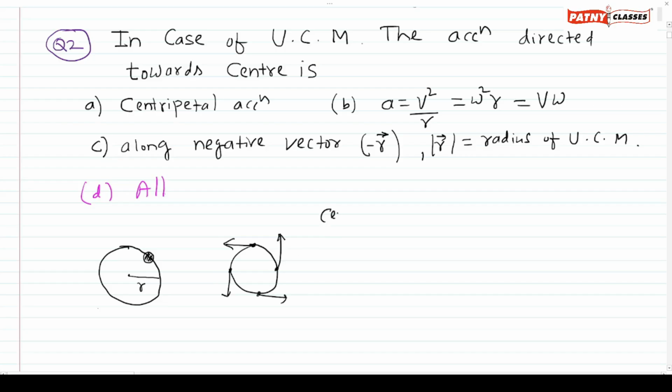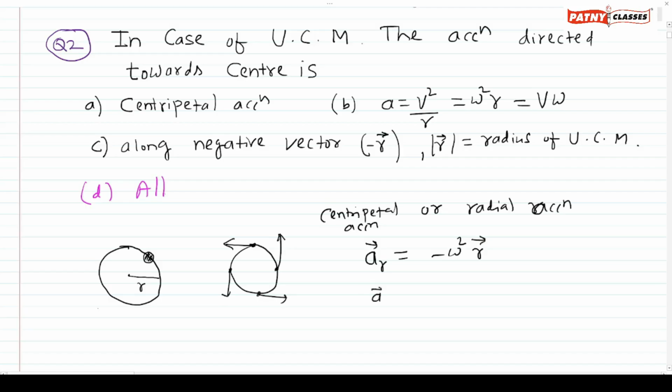And centripetal acceleration, also called radial acceleration, is denoted by vector a_R. It is given by minus omega square into vector R.